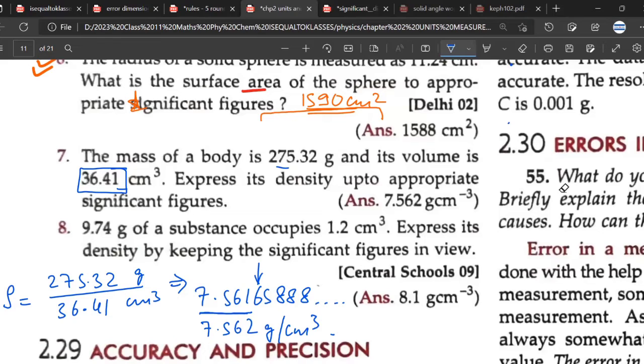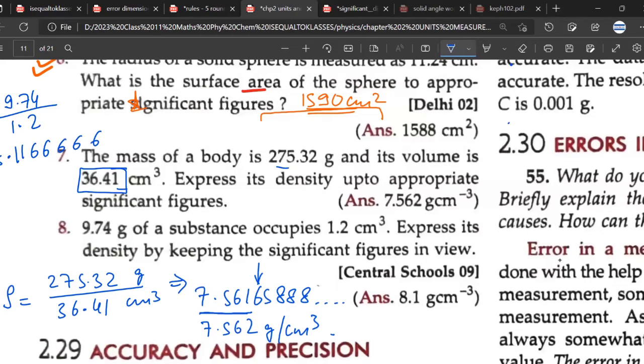And let's do a bonus question, question number 8. 9.74 gram occupies 1.2 centimeter cube, express density by keeping significant figures in view. So density is equal to mass per unit volume. So 9.74 divided by 1.2 would be 8.16666 and all nonsense.